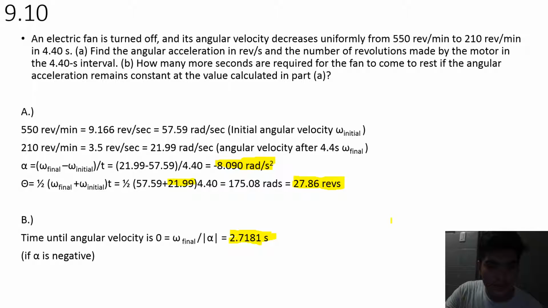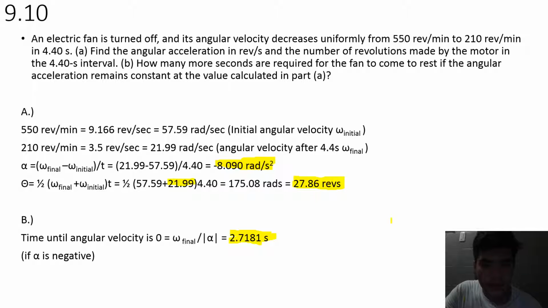To do this, we have the formula 1/2 times angular velocity final plus angular velocity initial, times time. So we just plug in the values and we get 27.8 revs in the span of the 4.4 second interval.